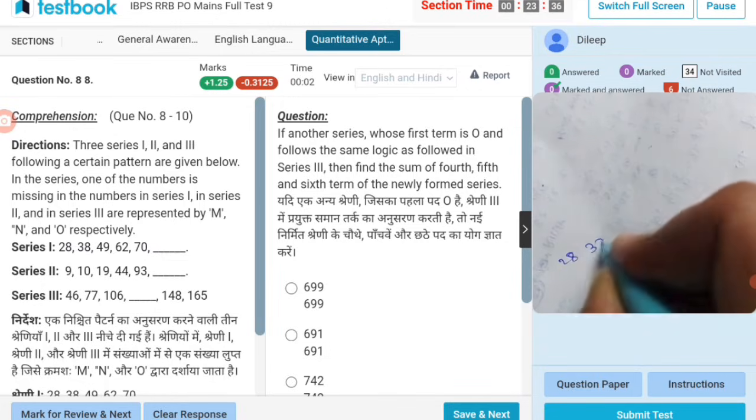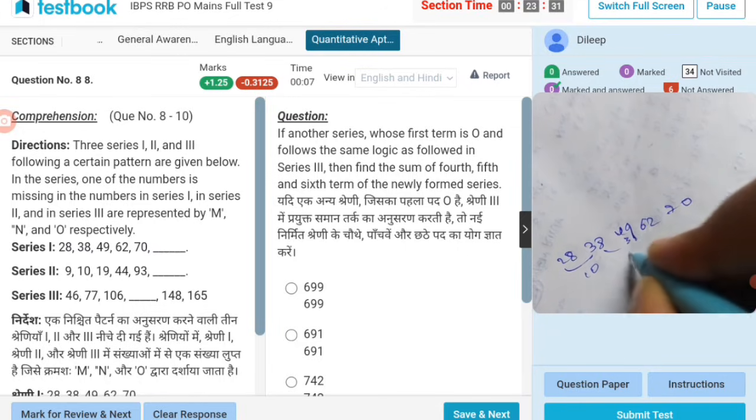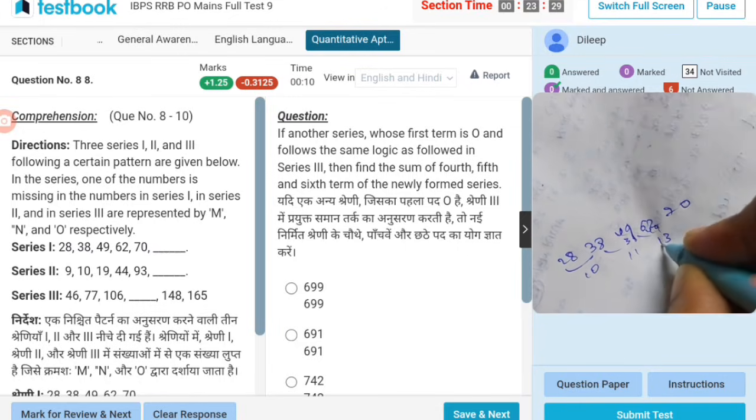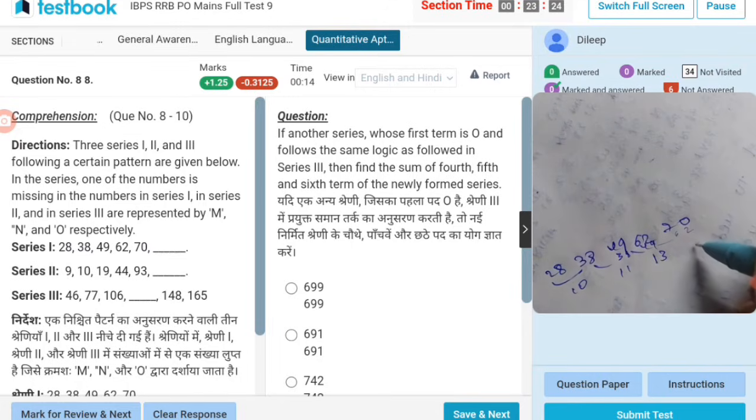So 28, 38, 49, 62, 70, 10, 13. So 3, 3. 16, 86.